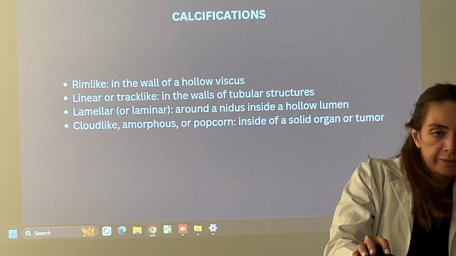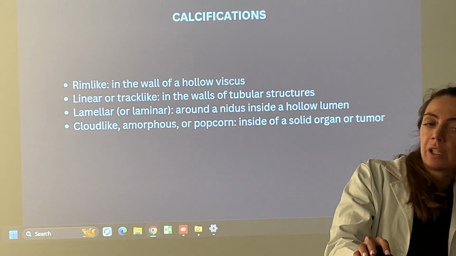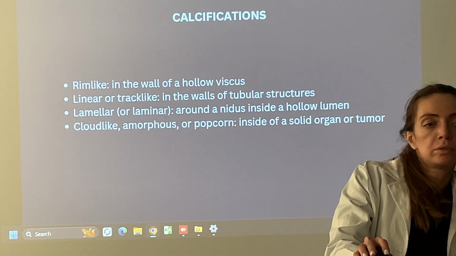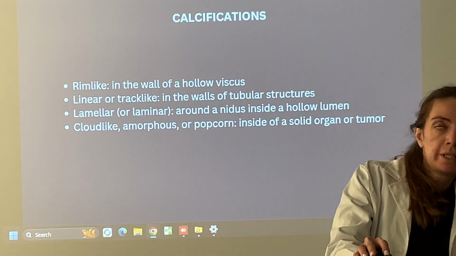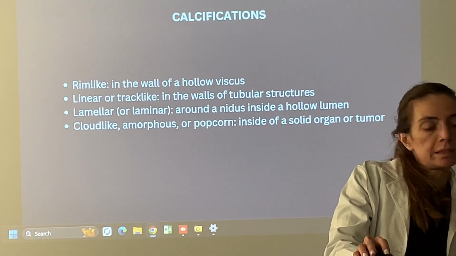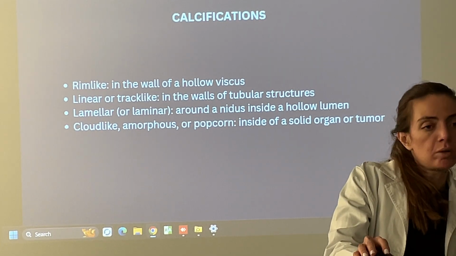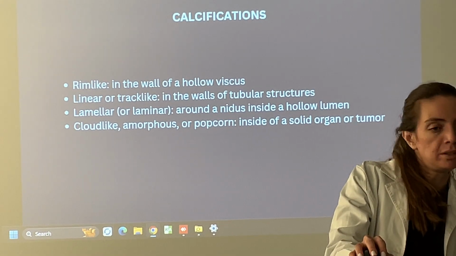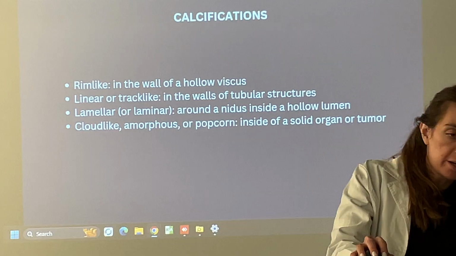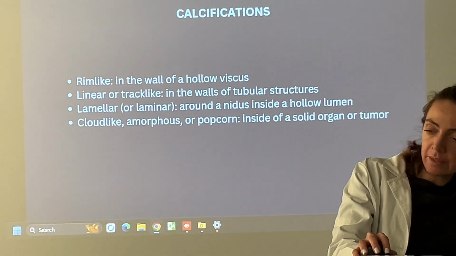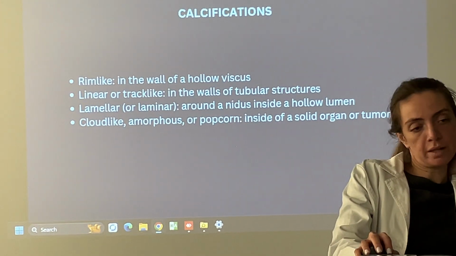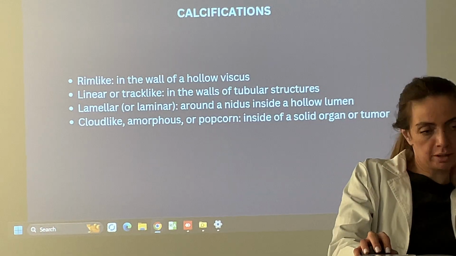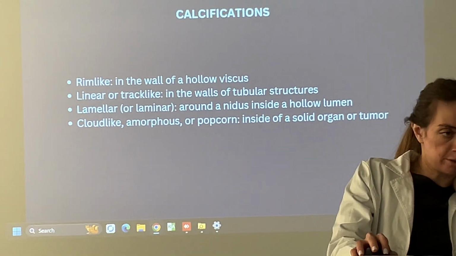So, calcifications: most calcifications occur in tissues that are already abnormal. Such calcification is called dystrophic calcification, and the nature of most calcifications can be determined by examining two of their characteristics: first, their pattern of calcification, and second, their anatomic location.